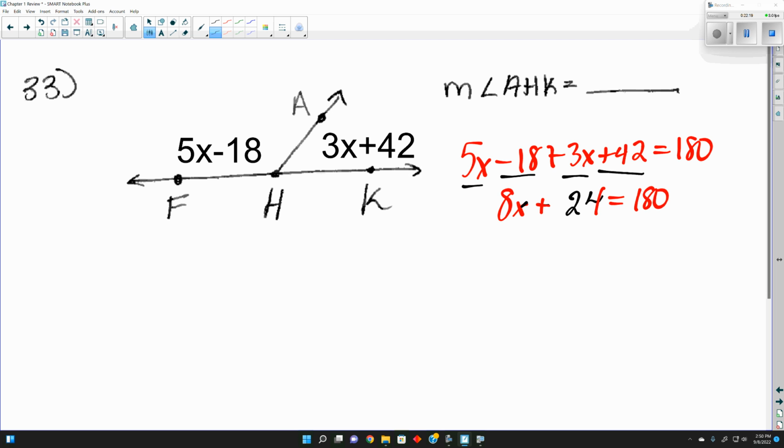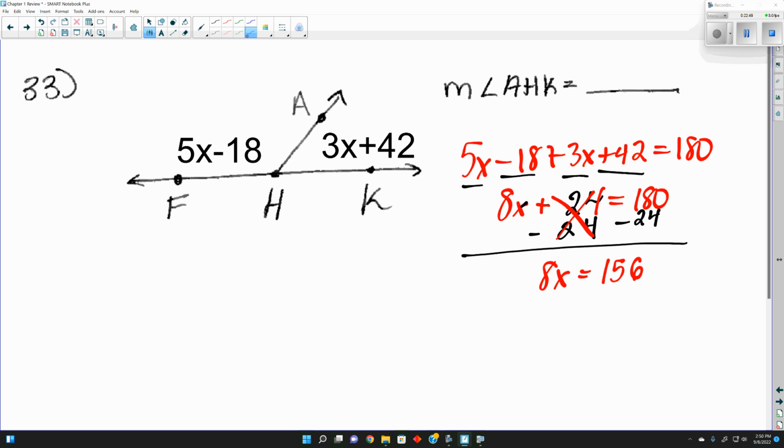Because at this point here, we can subtract 24 from both sides, leaving 8x by itself, because these will become 0. And 180 minus 24 is going to be 156. So we can do 180 minus 24, and we get 156.